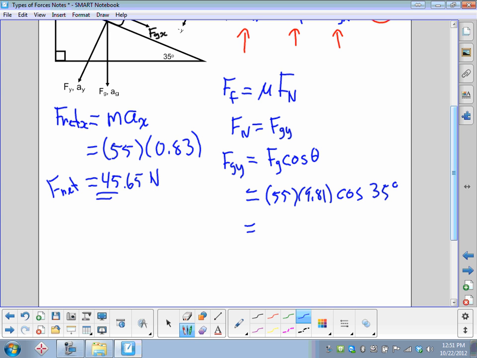Good time to remind you that because we're on a ramp, the y component is now cosine, and the x component, when we need to find it, is our sine value. So 55 times 9.81 times cosine 35 comes out to be 442 newtons. Force of gravity in the y direction. That is, in magnitude, equal to our normal force, acting upwards.